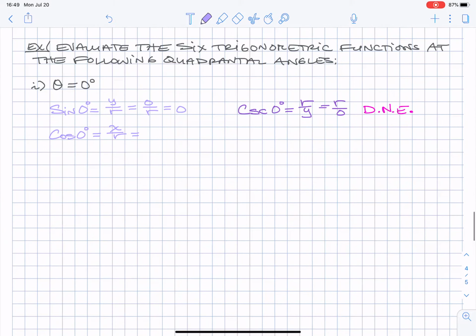And now tangent of 0 degrees is y over x, which for us is 0 over 1, which is 0. And the reciprocal to tangent, cotangent of 0, will be x over y, which is 1 over 0, and thou shalt not divide by 0, so this does not exist.